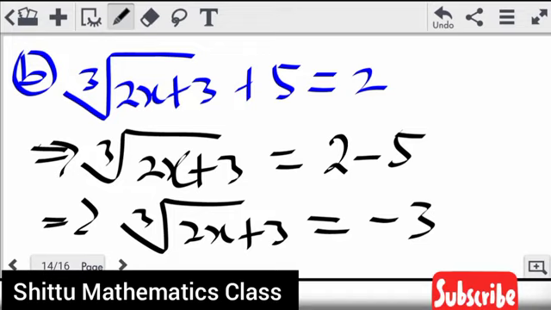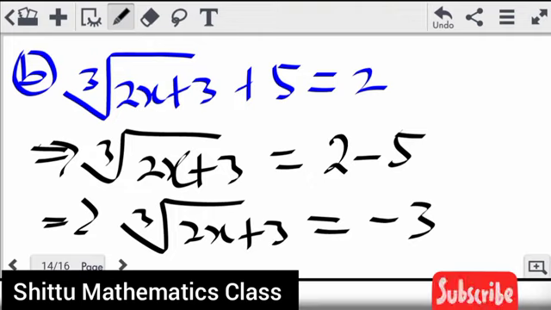The next thing we are going to do after isolating is to find what we can use to cancel the radical sign. But don't forget that this is a cube root.